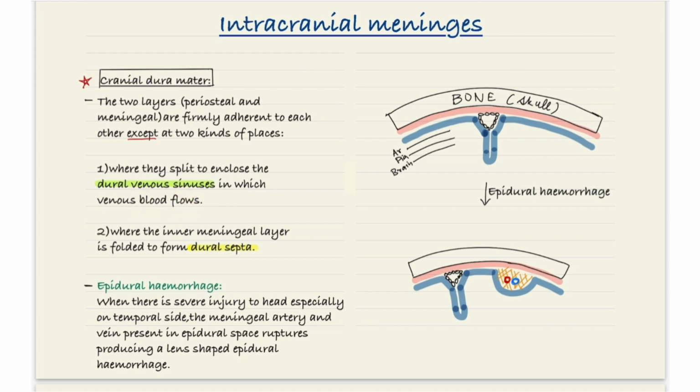So what it is telling, that these two layers of dura mater are adherent to each other except at two places. First, where they split to enclose the dural venous sinuses. So this is the dural venous sinus. And these cells which you see here are the endothelial cells.